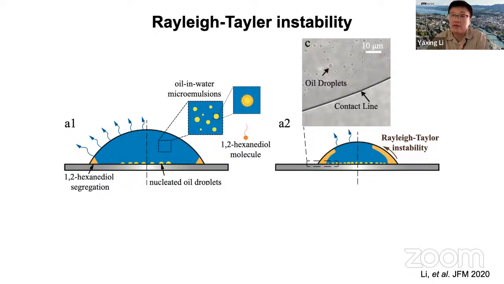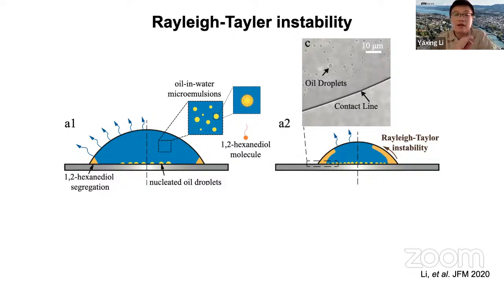But we think, as I said, the weak convection leads to insufficient mixing, which causes the hexanediol at the contact line regime to become more and more concentrated. And then how do they segregate? Definitely they need some nucleation point, for example some dirt or roughness. All this little roughness causes the segregation, just like a bubble. If you have gas in liquid but no nucleation, it will not form bubbles. The bubble has to have nucleation, then it forms.